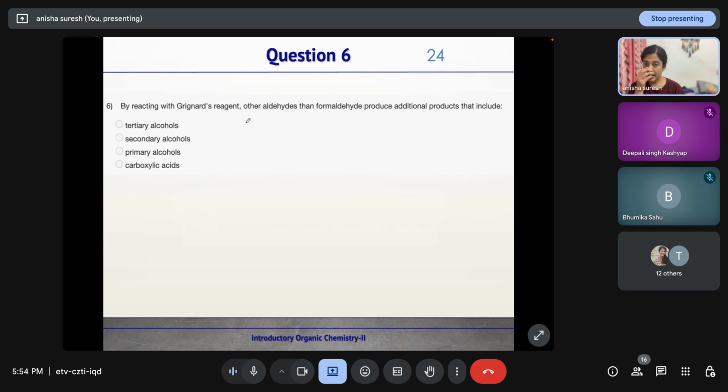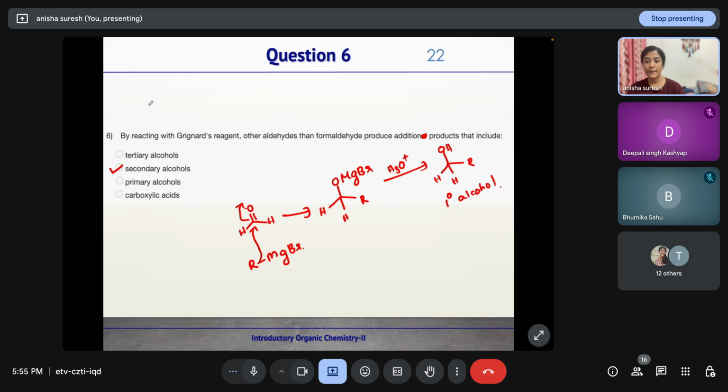So here they have asked about aldehydes other than formaldehyde, the addition product that will be formed. So we have seen that the answer will be secondary alcohol. Is it clear? Yes, ma'am.